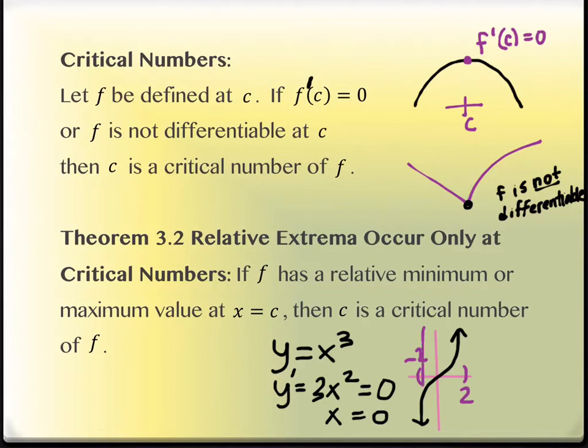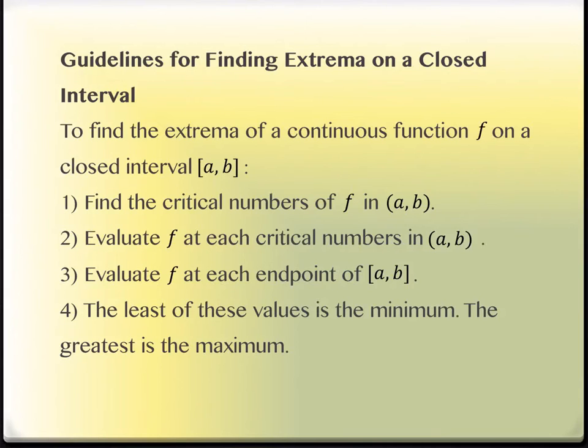So if I only looked at this graph between here and here, and I checked, step number 2 says that I evaluate the original equation at the critical number, I would find out that that's 0, right? Which we know, it's the origin. I can see it in my graph. X equals 0. So step 2 is to evaluate the critical number.